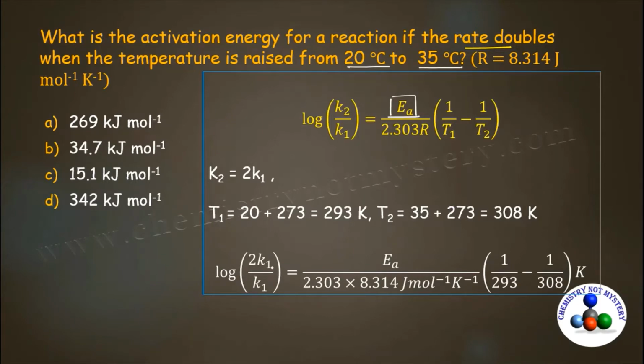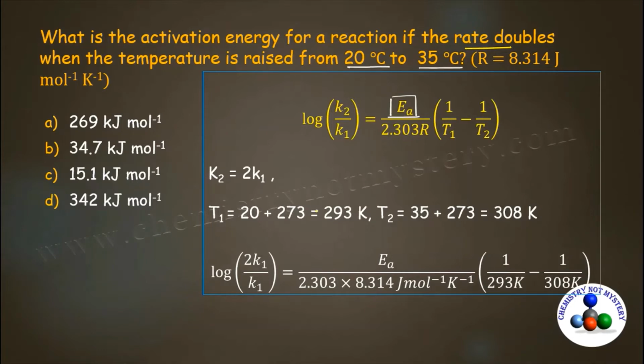So you will get log 2K1 over K1 is equal to EA over 2.303 multiplied by 8.314 joule per mole per Kelvin multiplied by 1 over 293 minus 1 over 308 Kelvin. So here K1 will get cancelled out with K1. When you take Kelvin common out of the bracket, this Kelvin will get cancelled out with the Kelvin.